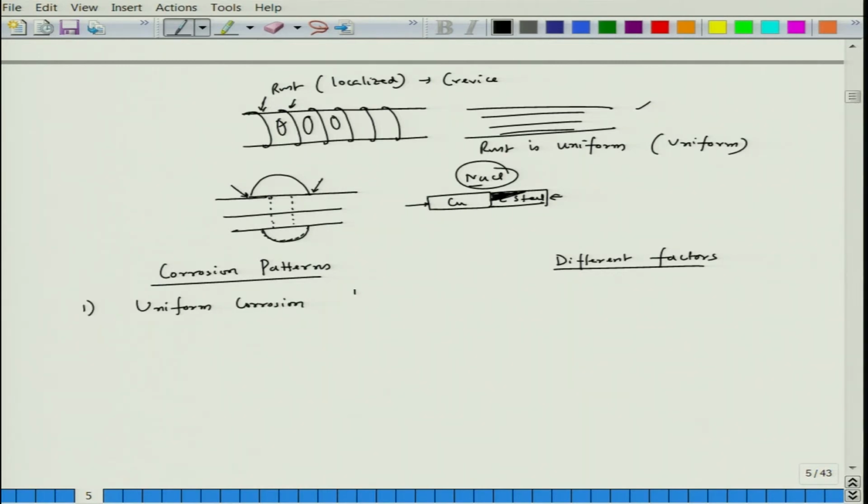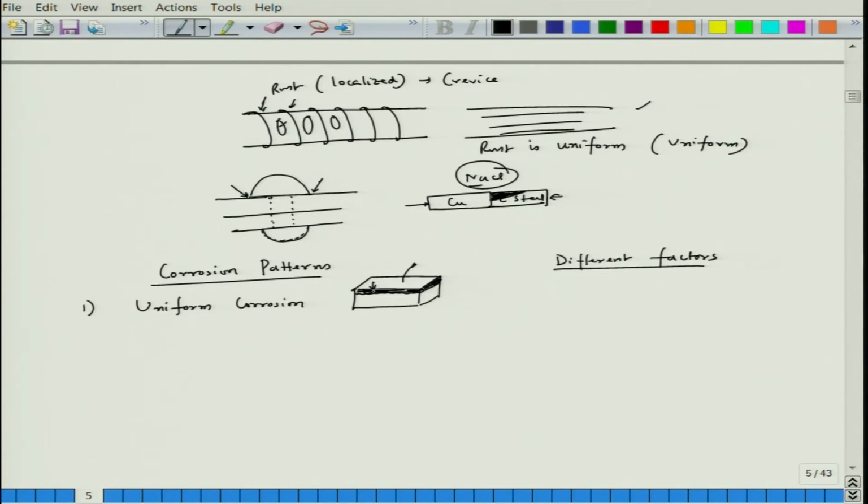Now, if you see a 3D picture, and say the top part is exposed to the electrolyte, you would see the corrosion is uniformly happening through the body section, through the depth direction.